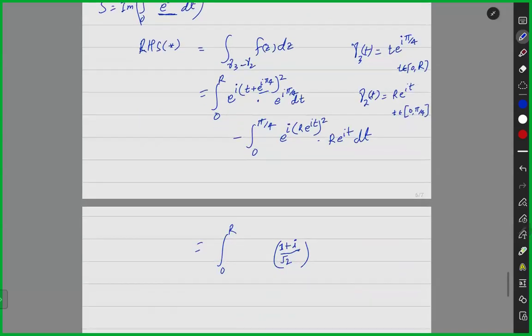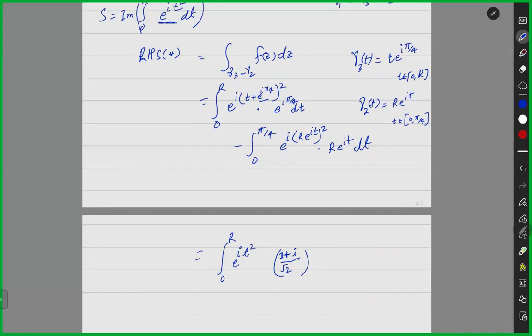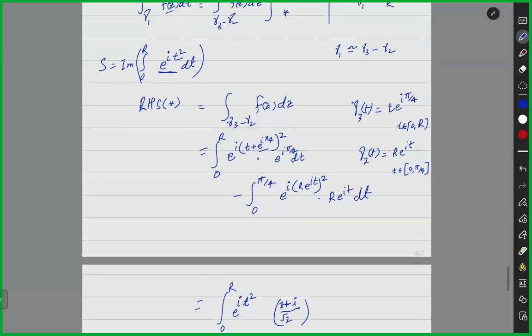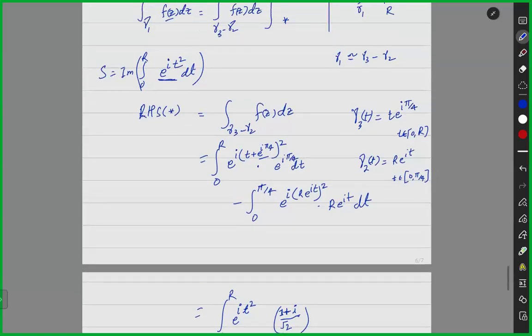So what can be done now? 1 plus I by root 2, e power I t square. Why plus here?